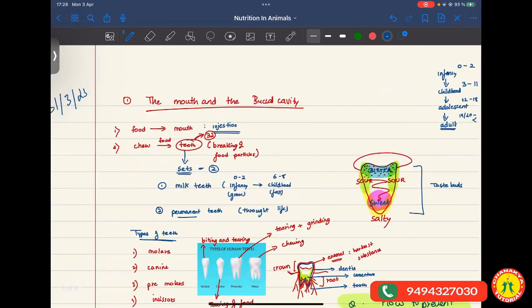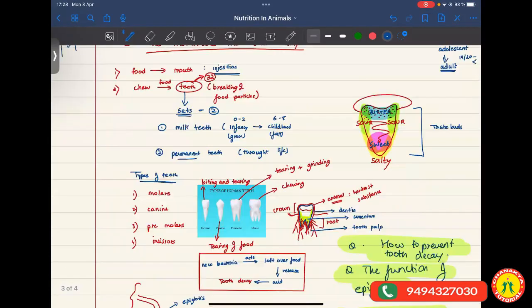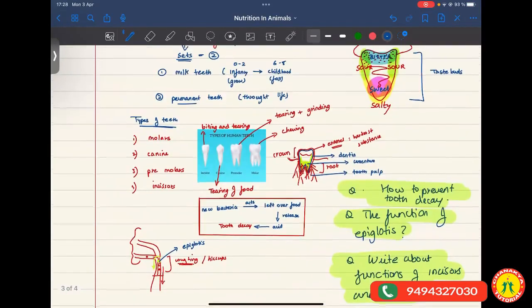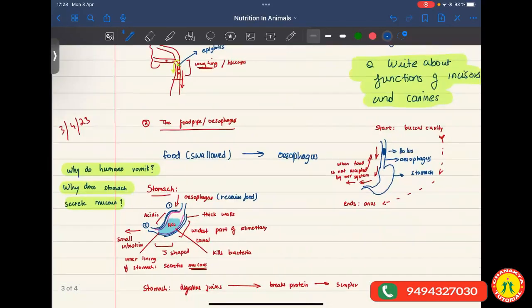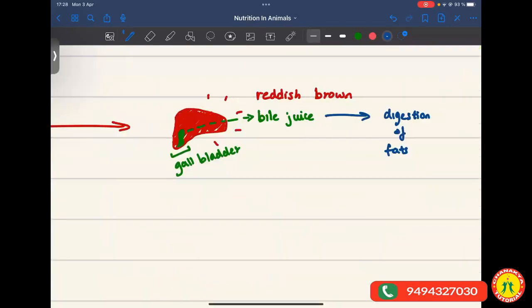HCl in the stomach helps in the digestion of which nutrient? Class, I told you, protein. So the bile juice that is secreted by the liver helps in the digestion of fats. All right, am I clear?